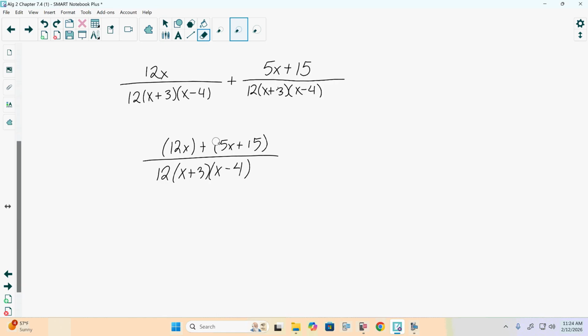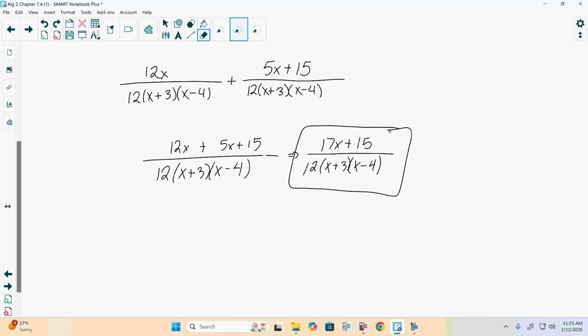No. We can drop those and combine our like terms. 12x plus 5x is 17x plus 15 over 12 times x plus 3 times x minus 4. And that's actually as simplified as it gets.